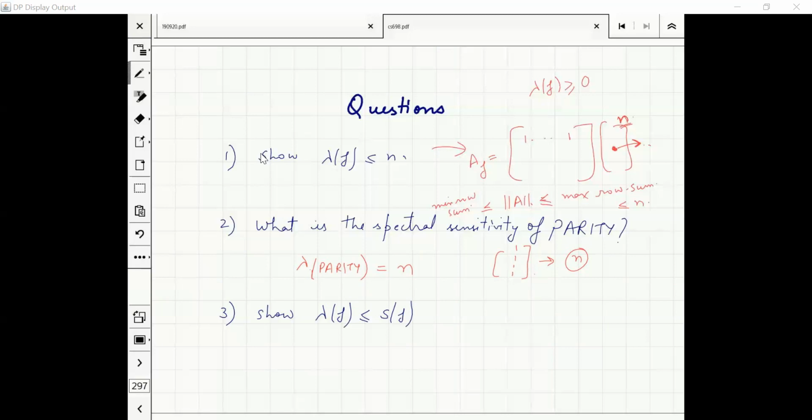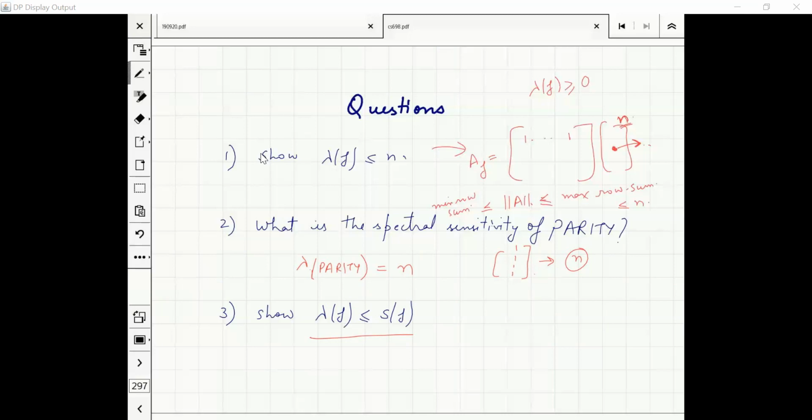A regular graph is a graph where the degree of every vertex is the same. So every row will have an equal number of ones, and that is going to be the maximum eigenvalue by the same theorem, min row sum, max row sum. You can just check the all-ones vector will be the eigenvector.